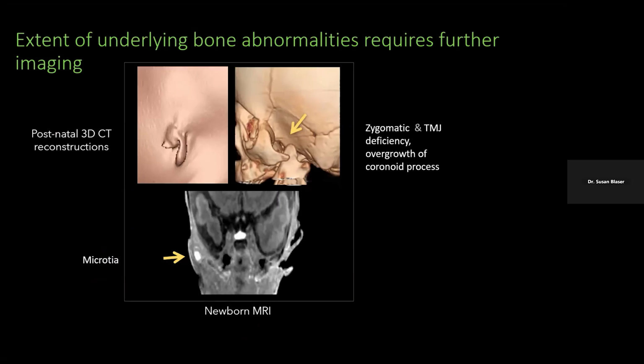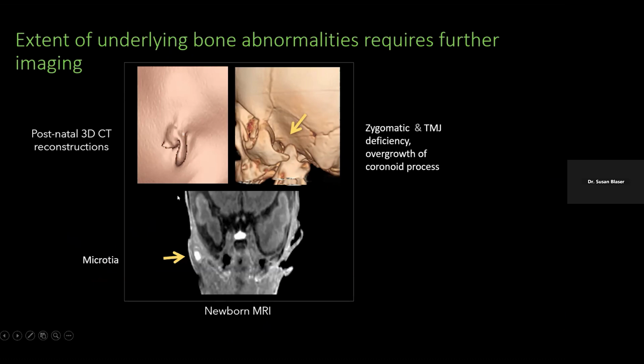So if they actually make it to term, we always do postnatal 3D CT reconstructions for the surgeons. And you can see in this particular fetus who has Goldenhar syndrome that you have zygomatic and TMJ deficiency. I don't really see a fovea for that coronoid process here. You've got an overgrowth of the coronoid process, that would be your condylar process, I mean, and you certainly don't see a good TMJ.